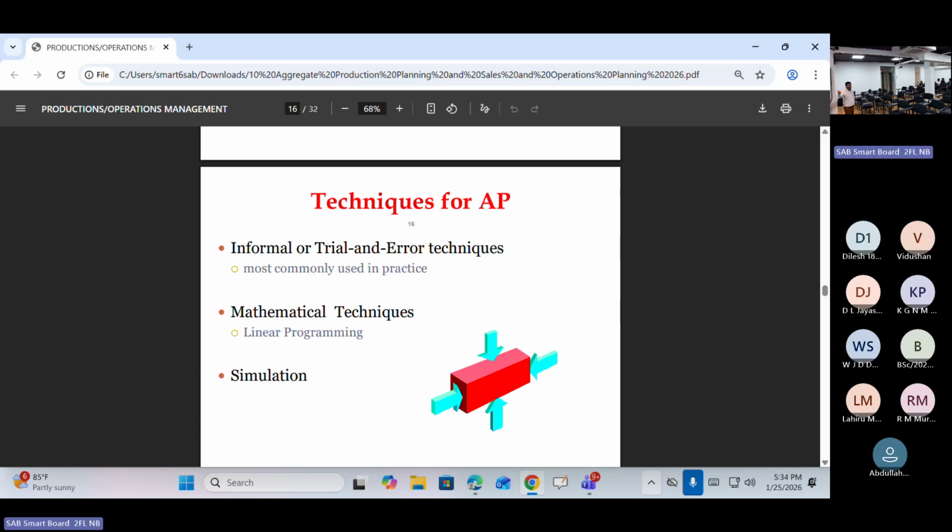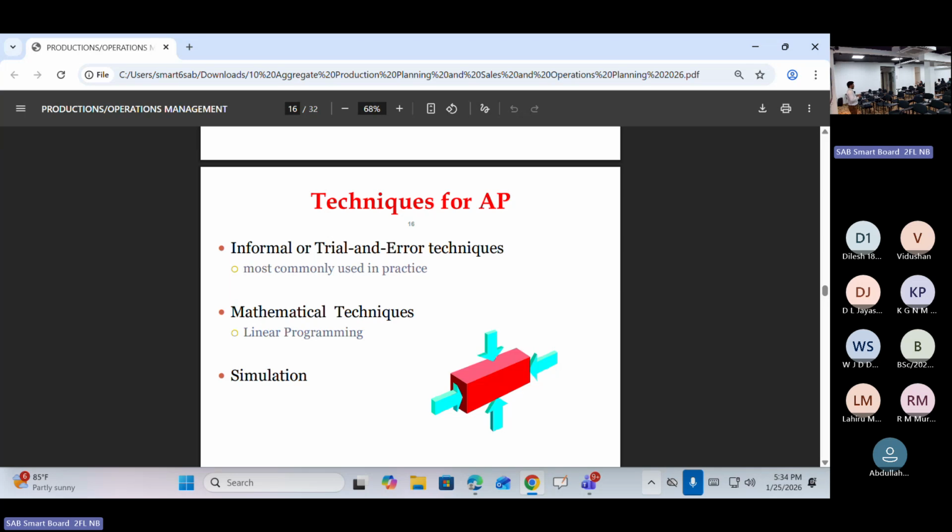So the technique most commonly used is called the trial and error method. Even today, that works. But other techniques, some mathematical techniques, especially a technique called linear programming, and various other mathematical techniques are also useful.